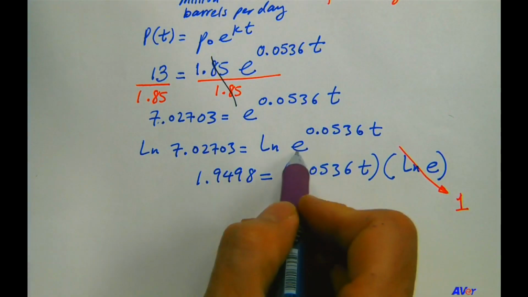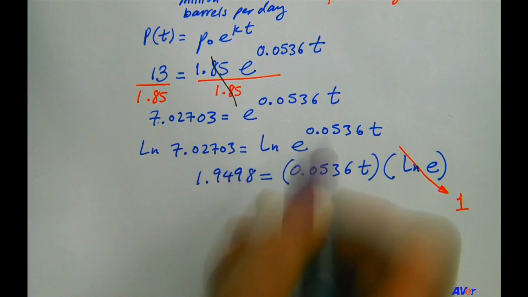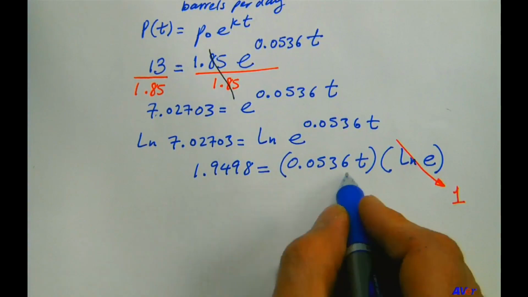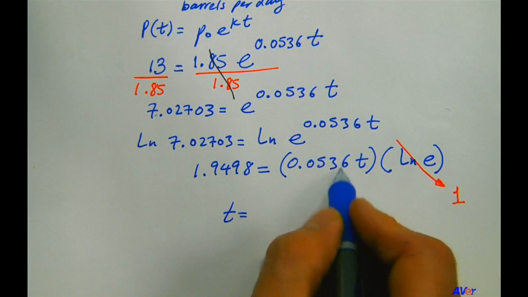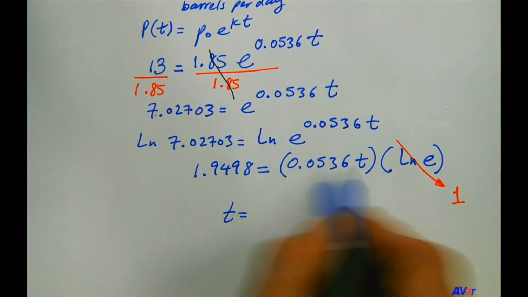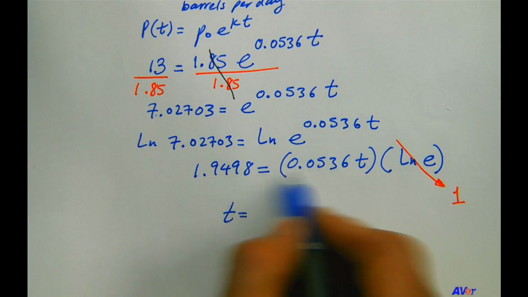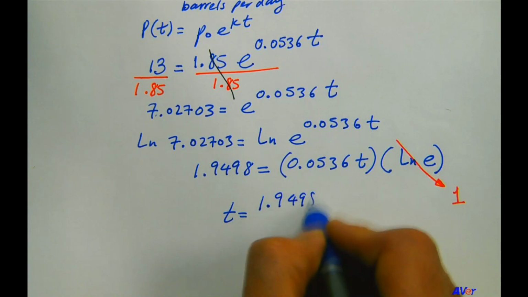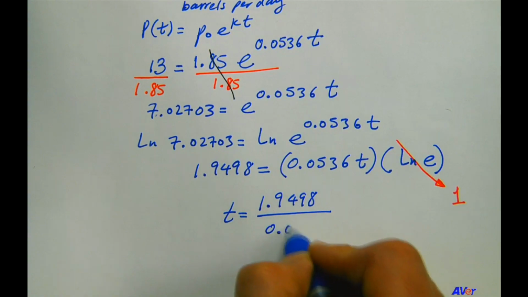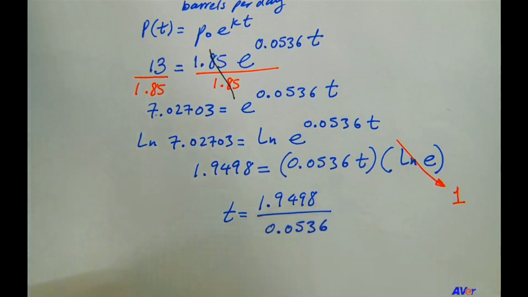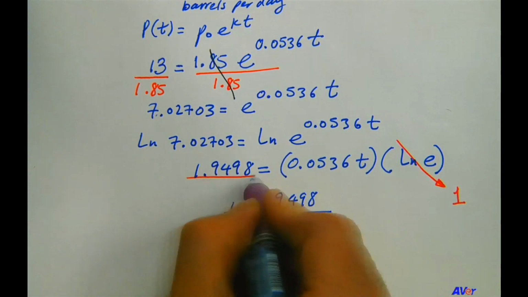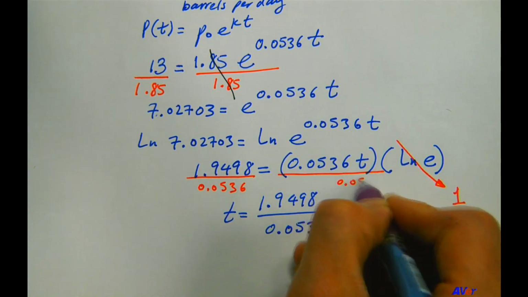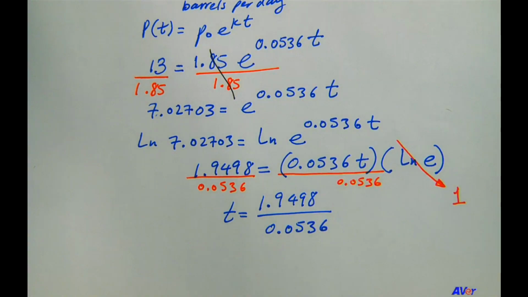That's why whenever the base is E, it's easier if you take the natural log of both sides because of this. Then on the left we have this. So what do we have for T then? We have one more tiny step to take to isolate T, right? We have this quantity to get rid of. So divide both sides by that quantity. We have 1.9498 divided by 0.0536. So what we're doing is simply divide both sides by that. That's what we're doing. Okay?